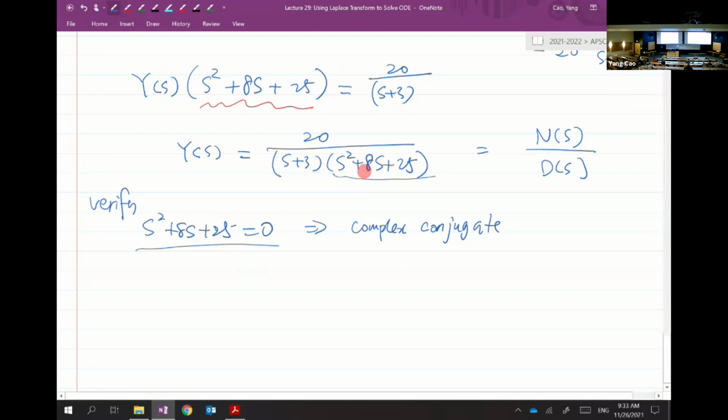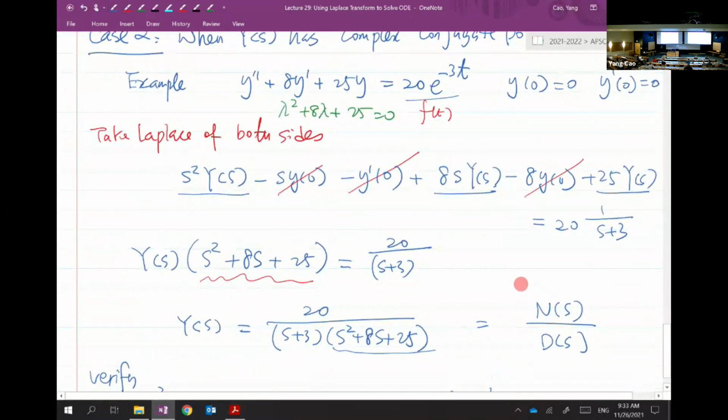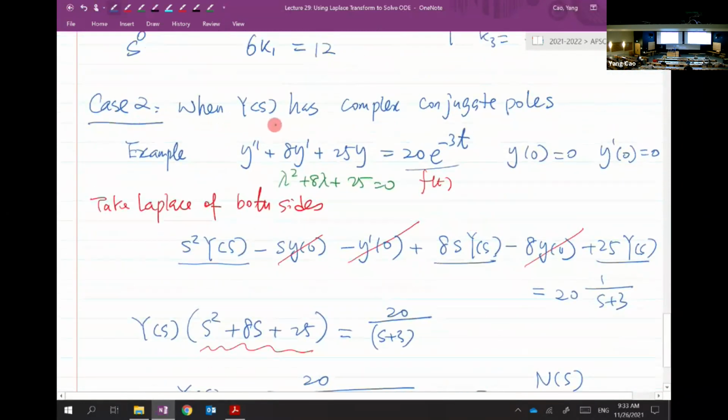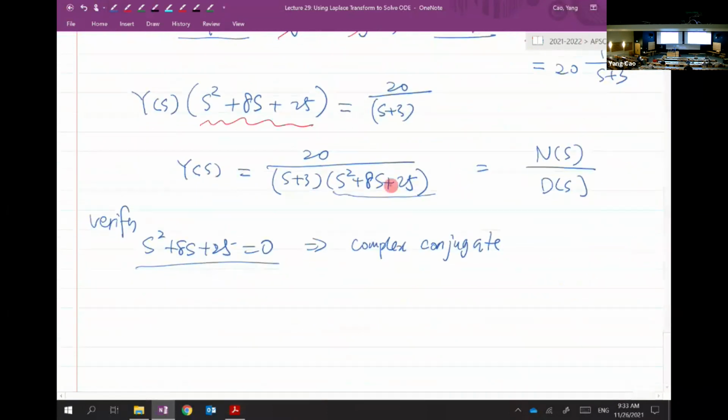All right. So then that's exactly the case 2 that we're talking about, when y of s has complex conjugate poles. Now it does have complex conjugate poles. If this happens, then the next step you need to do is, you still want to simplify it into the simplest form so you can actually look up the table, right?